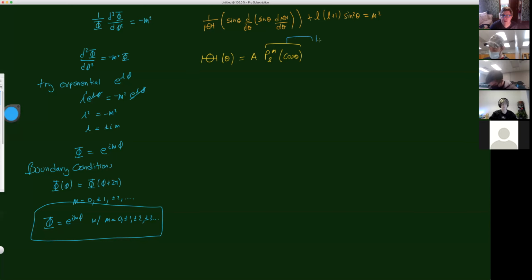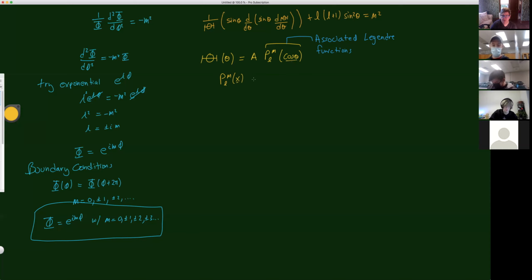Okay, these are the associated Legendre functions, and you get them from the Legendre polynomials. So we have P_l^m, the associated functions of x, whatever is in this spot.